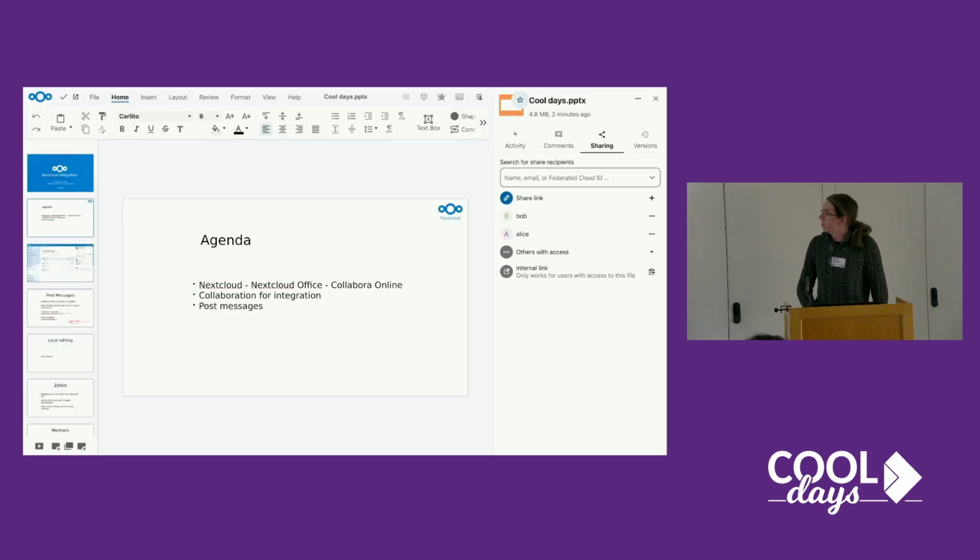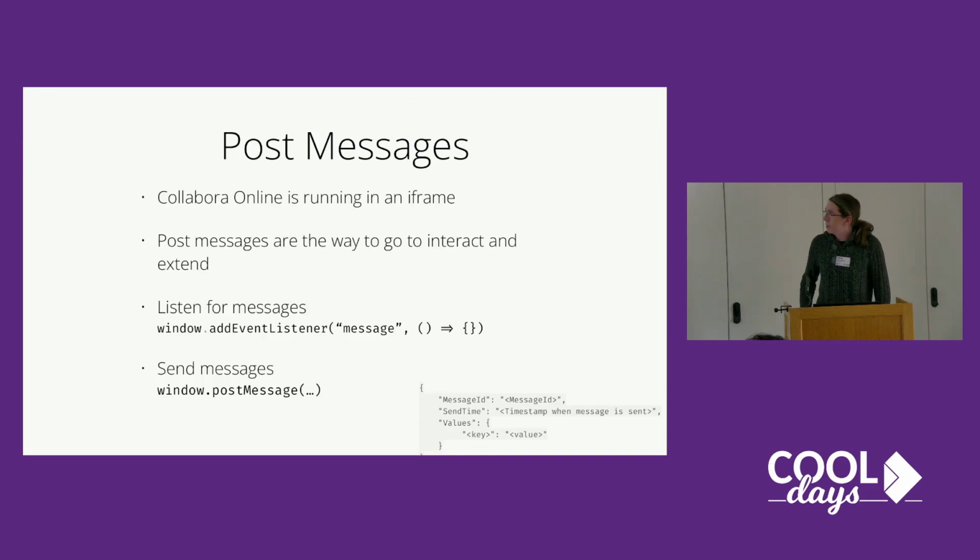So you can see we have Collabora integrated right into the Nextcloud user interface. You can open your files, edit them there, all you would expect. But the interesting part is how we interact between Nextcloud and Collabora. Most of you might be aware that post messages are the way to go there.